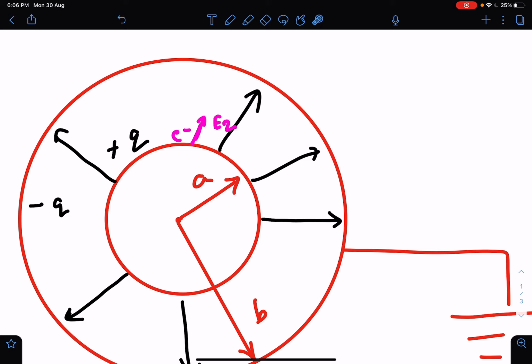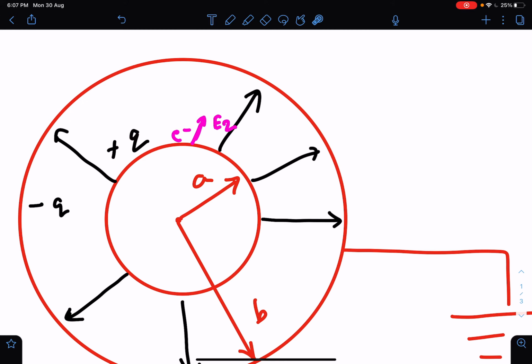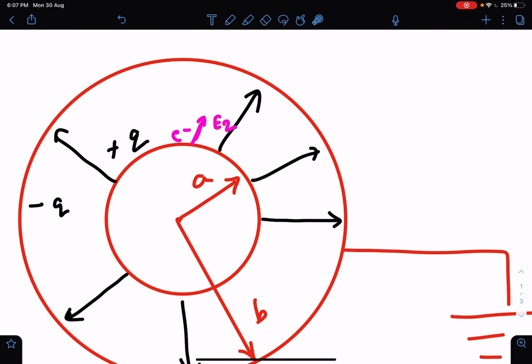So as more and more electrons keep getting ejected, because more and more beta particles are continuously emitted, the more this inner sphere will get positive charge, and the more the outer sphere gets negatively charged, the lesser is the probability that electrons are able to reach the outer sphere. Why? Because of the retardation.